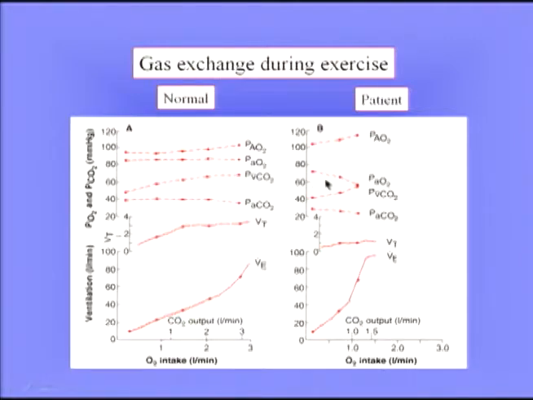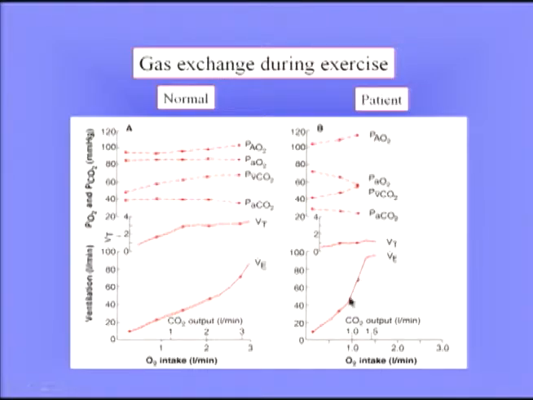But look at the patient. Very, very different situation. First of all, notice that his maximal oxygen consumption was no more than about 1.5 liters a minute, reduced to a half of what it was in the normal subject. Next, you'll see that there was almost no increase in tidal volume.